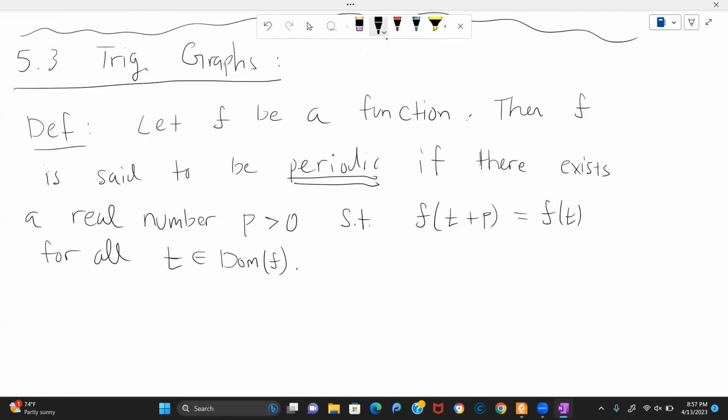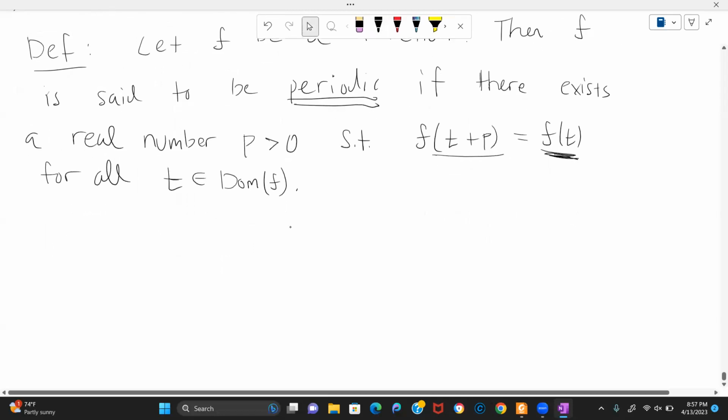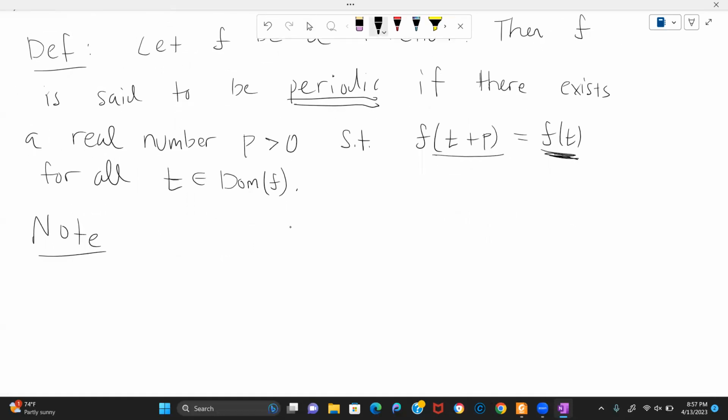Say you know f of t and you want to calculate f of t plus p. Because this function has this period, that is, it repeats after every interval of length p, you can just calculate f of t and it's going to have the same exact value. So let's note this important observation: periodic functions are not injective.